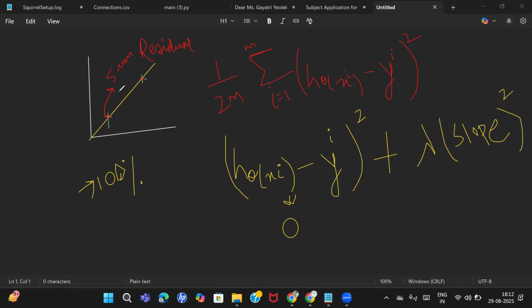So, for example, what is the slope of this line? How do we determine the slope of this line?